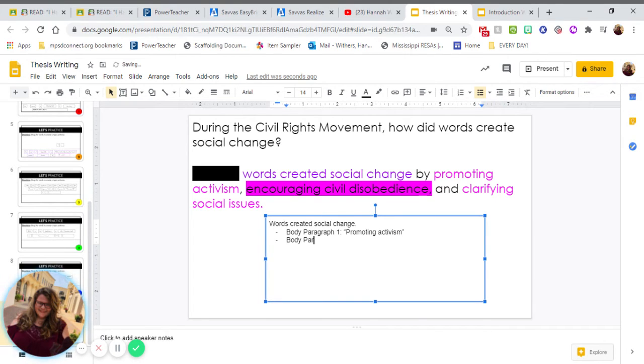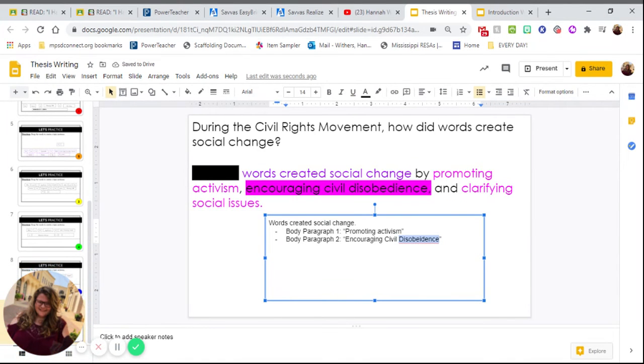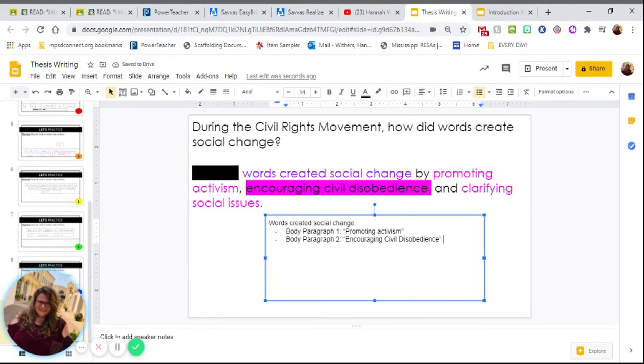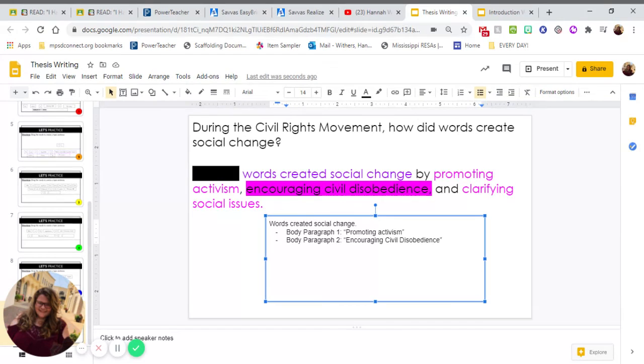In body paragraph 2, we're going to talk about encouraging civil disobedience. Now, apparently I can't spell that word because I keep spelling it wrong. All right, so as we are creating these theses, it's a hard word to say.